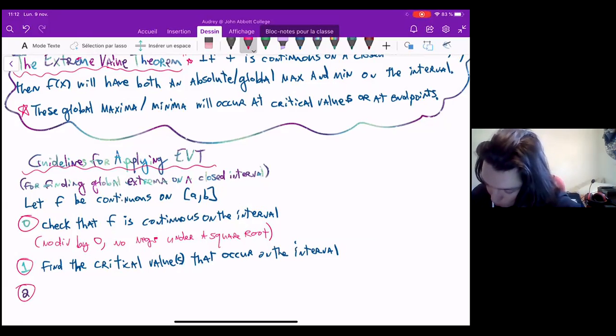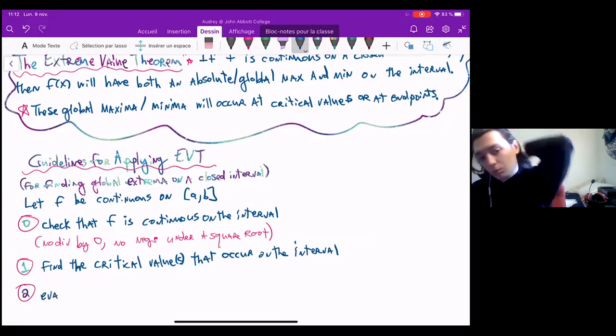And then we know that our global maxima and our global minima are when the y value is higher than any other value or lower than any other value. So what we're going to do is find the y values. So y values come from the original function.